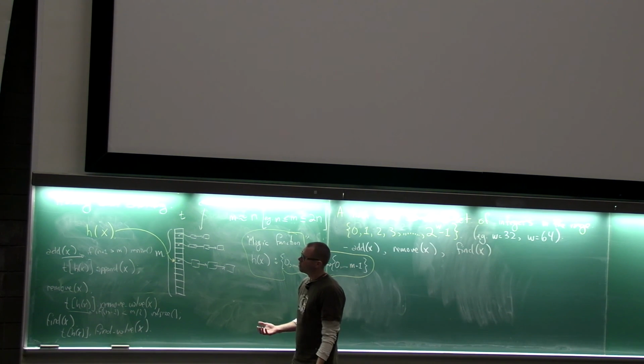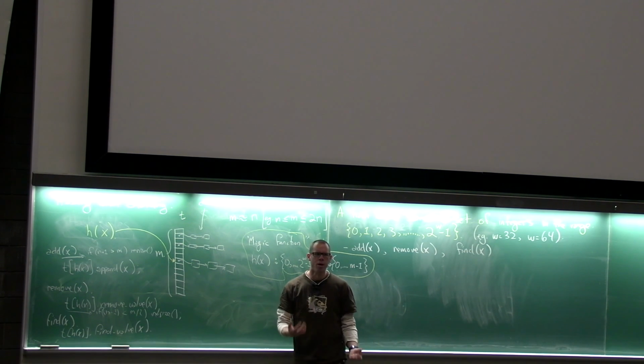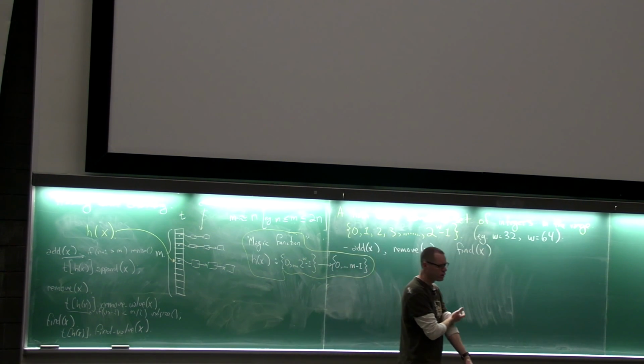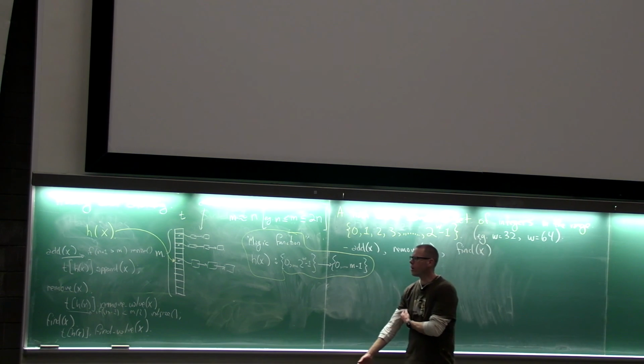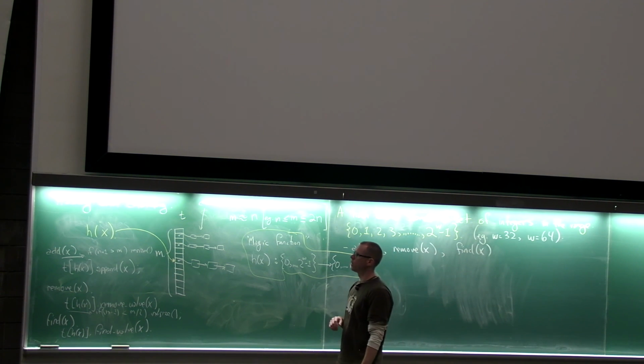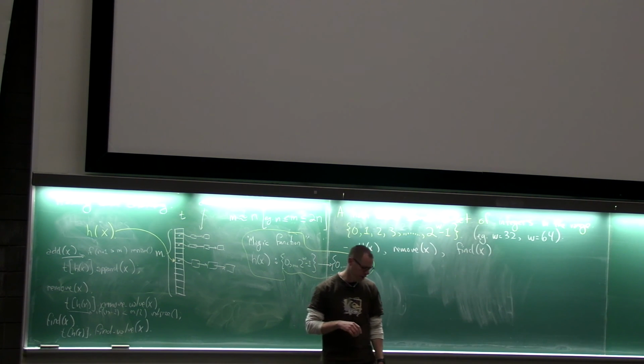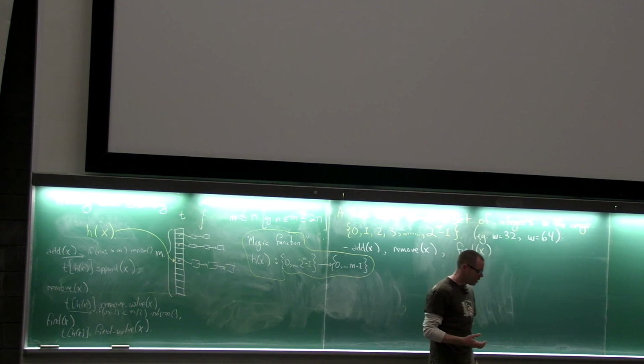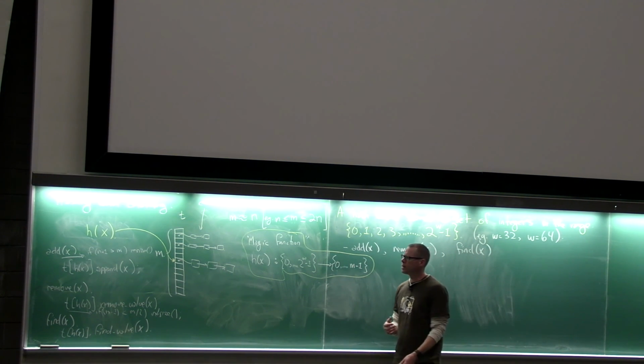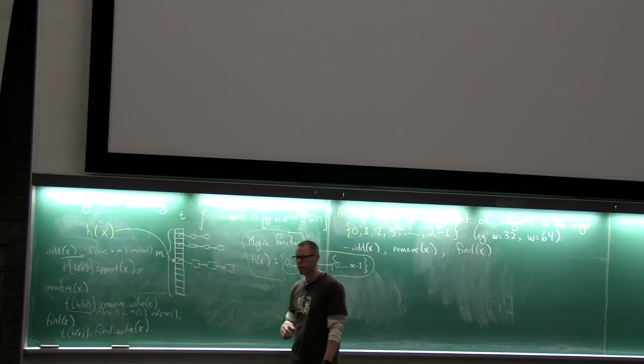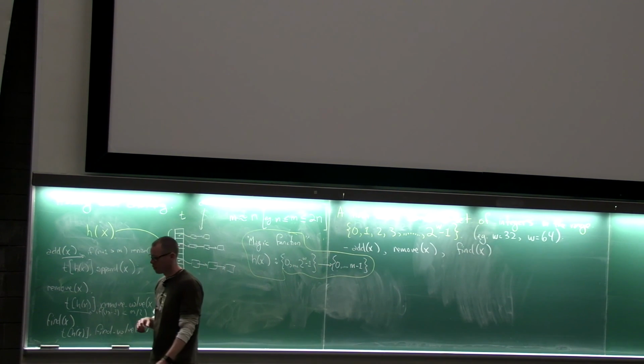And we saw that that doesn't add much to the cost of a sequence of operations. If we do k operations starting with an empty list, then the total time we spend resizing is only proportional to k. So an average of a constant per operation.